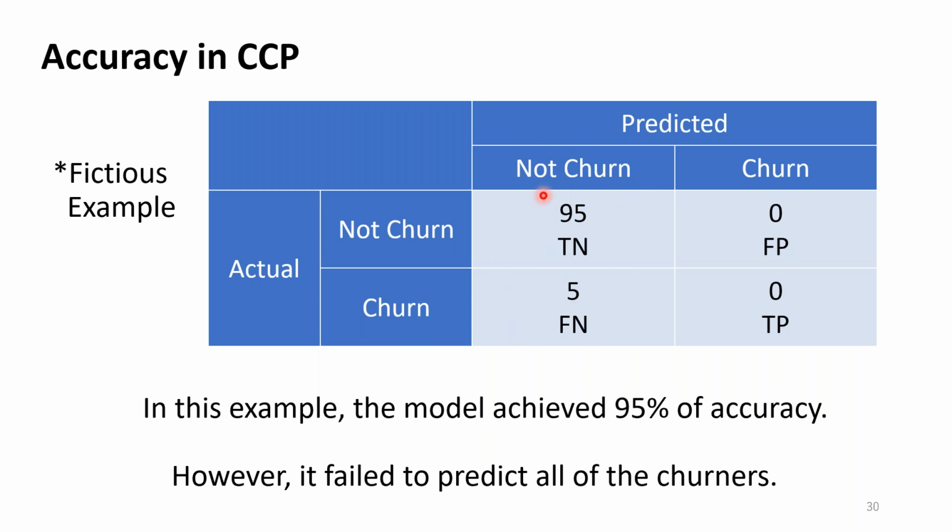In such cases, the model is useless because no churners will be predicted as churners. So true positive is 0. So this model is useless.